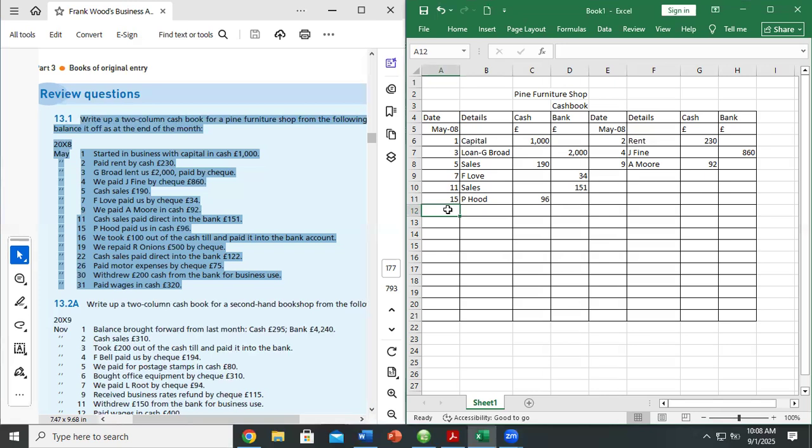Okay. So 16th, we need to debit bank first, right? So at the debit side, you debit bank as in put the money under your bank column, but the narration is going to be cash. So you debit bank with cash and make sure to put your contra symbol there.